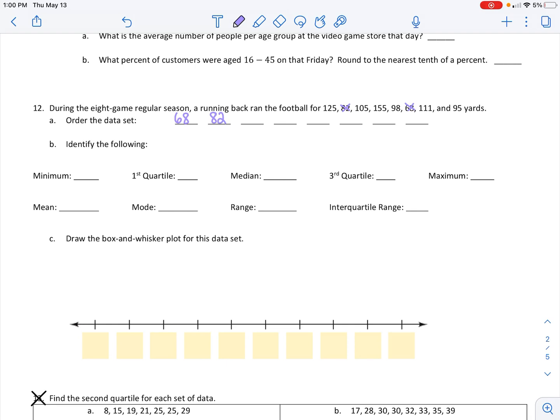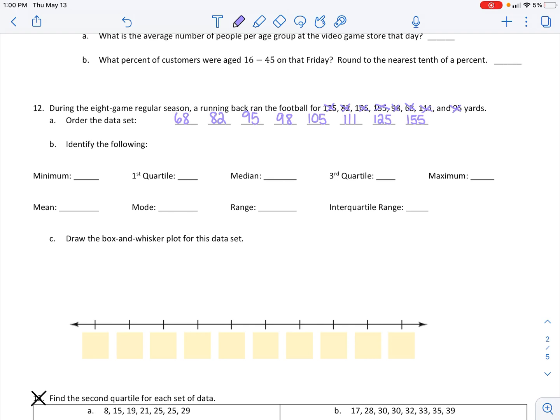And then we went to 95. 98. 105. 111. 125. And then our final one was 155. Okay, so that is our data ordered from smallest to greatest. That's what it means whenever it wants you to order your data set.